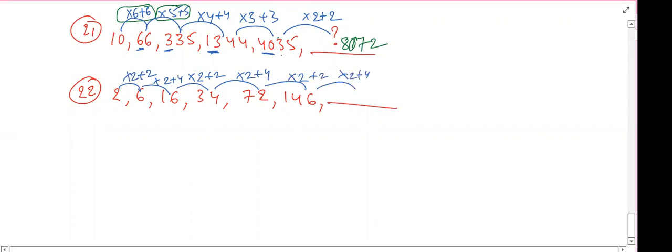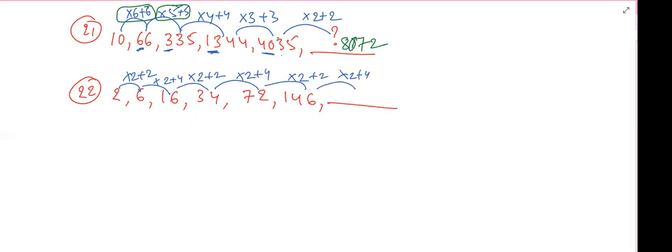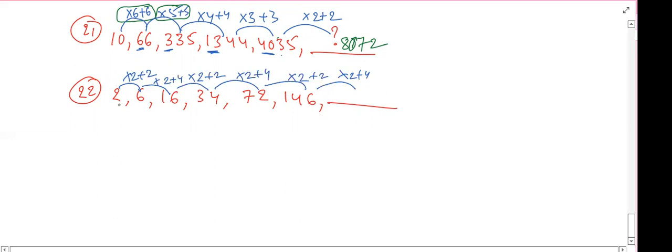Okay. Actually, you got the logic like this, but I gave it differently by thinking in this way: into 2 plus 2, plus 2 into 2. So the answer will be 296 anyway. In both the cases, the answer is the same. But I gave it by thinking like this: into 2 plus 2, and it is plus 2 into 2.